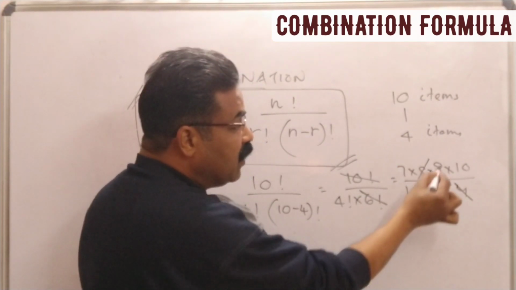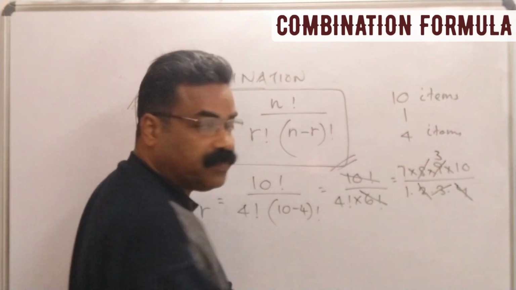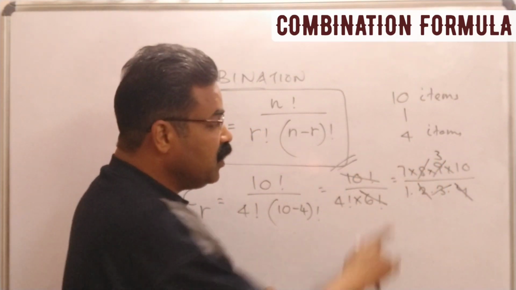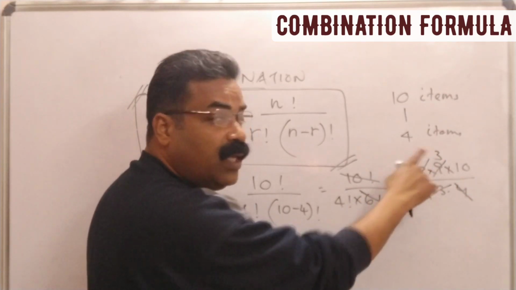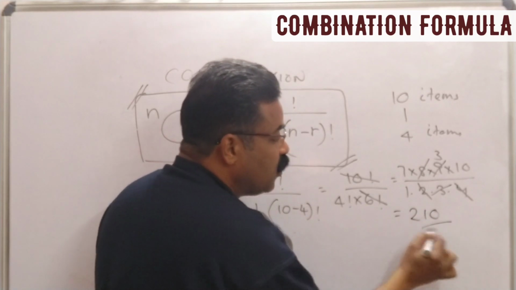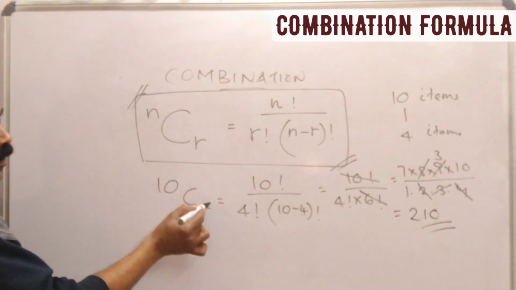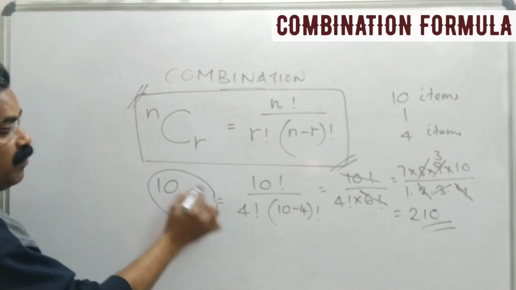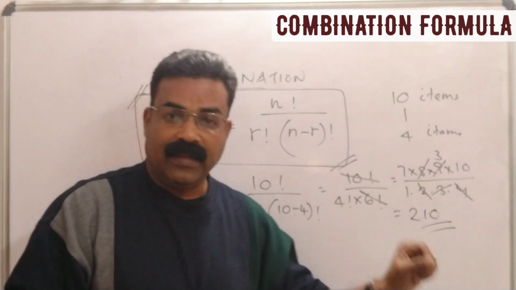Then 3 you can cancel with 9, 3 times. Now what is left? 7 into 3 into 10. 7 into 3 is 21, 21 into 10 is 210. So what is nCr? That is 10C4, and 10C4 will be equal to 210.